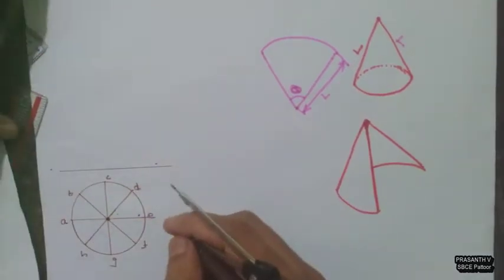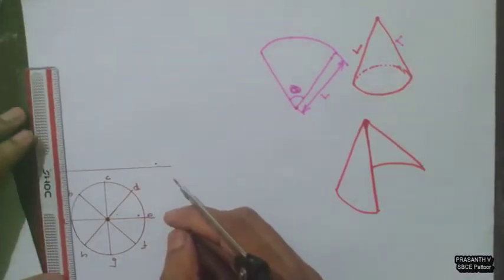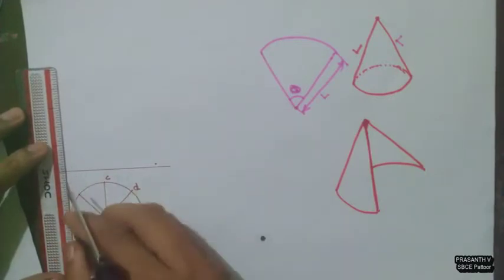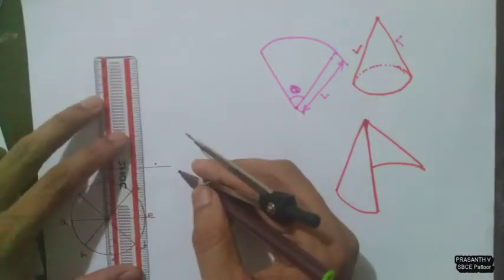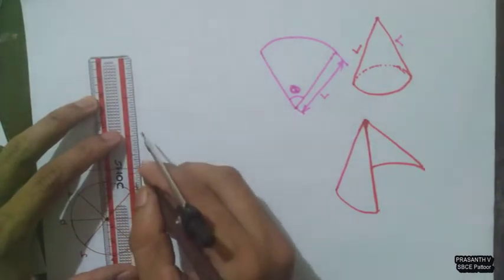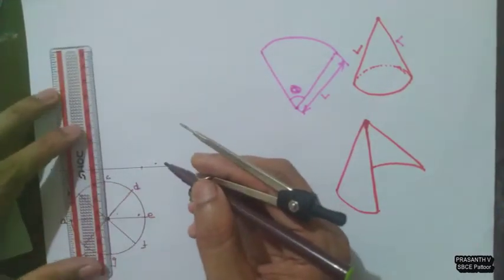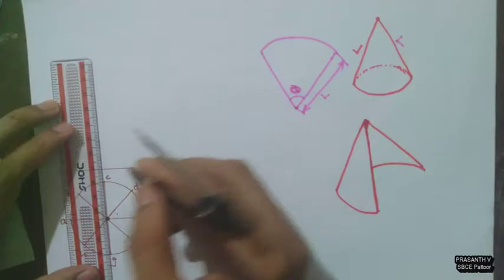Now just complete the front view also. The height of the cone is 70 mm.